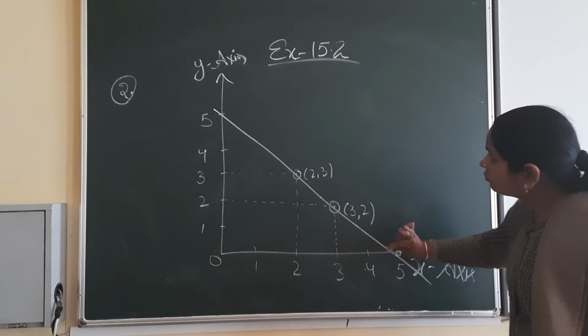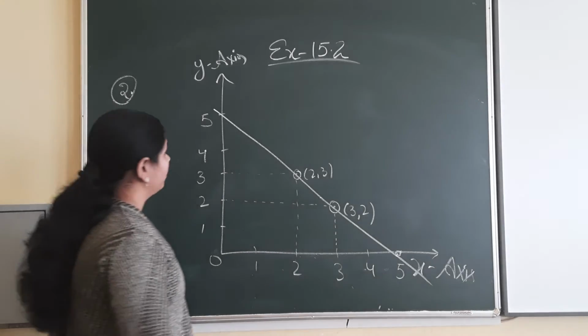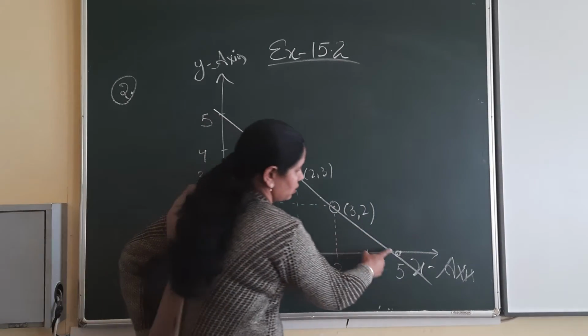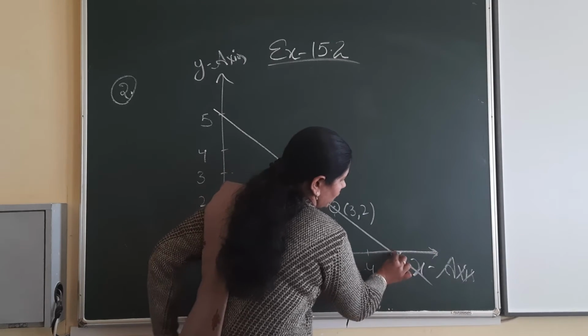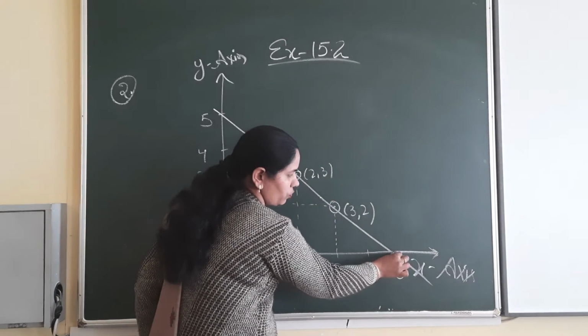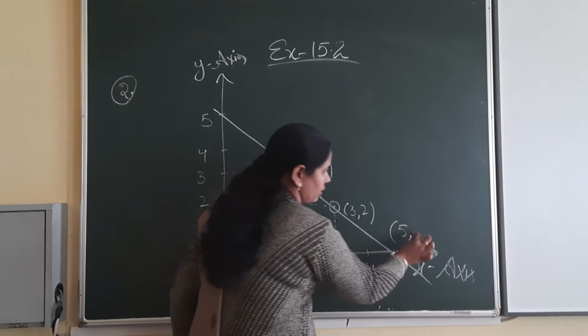After that, find the coordinates of the point at which this line meets the x-axis and y-axis. Okay, so this line you are seeing here on x-axis, most probably it must be at 5. Here value of x is 5 and value of y on the x-axis will be 0.